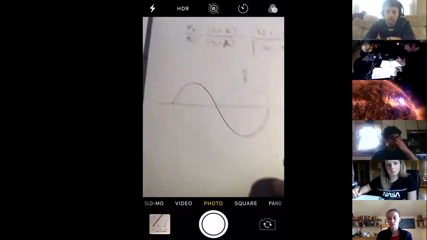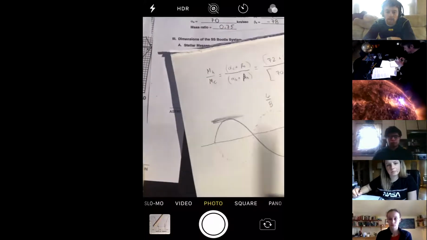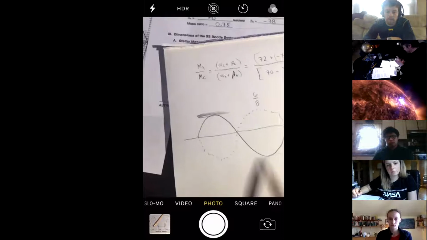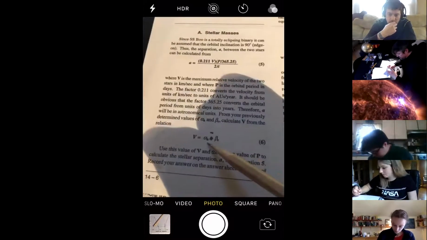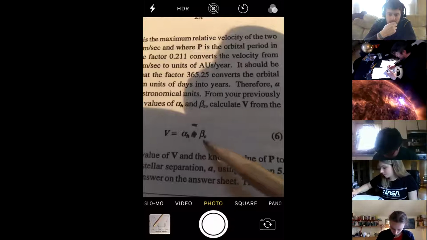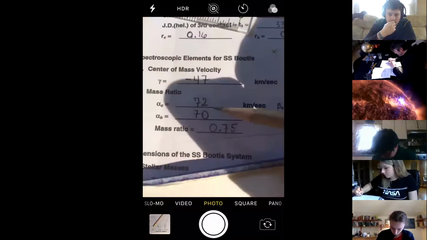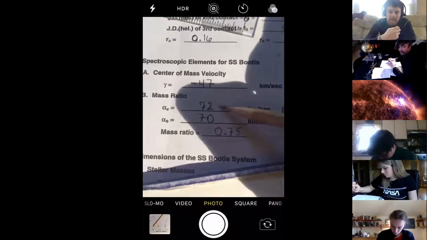The greatest relative velocity should be the maximum of whichever star is the maximum minus the minimum of whichever star is the minimum. That should be your relative velocity. So not only are we supposed to be subtracting these, but they said alpha hot minus beta cold. And I don't like that because alpha hot doesn't sample the curve as high as alpha cold does.